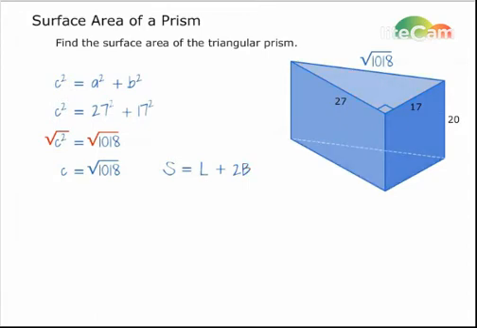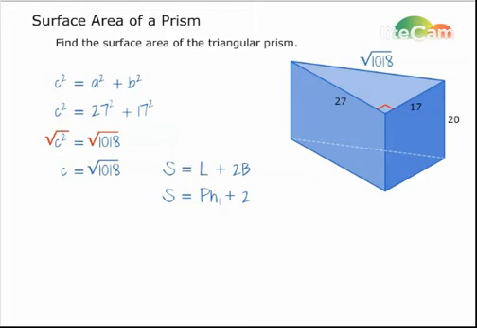Now, before we can plug in the known values, we need to add formulas for L and B. The L, the lateral area, is found by multiplying the perimeter of the base times the height of the prism. Then we have 2 bases.